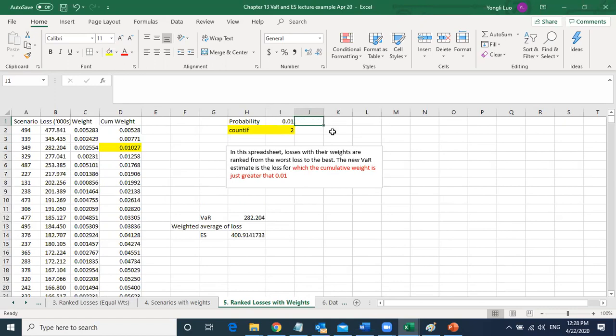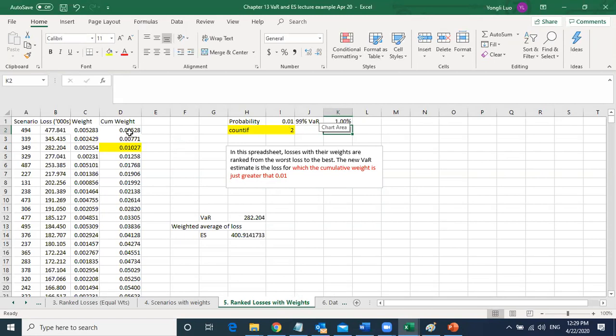So for 99% VaR, you will have 1 minus that 99%, right? 1 minus 99% is 1%. So the probability you're going to lose is 0.01.